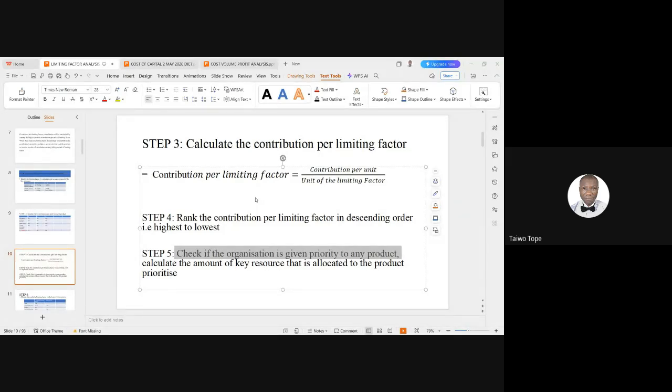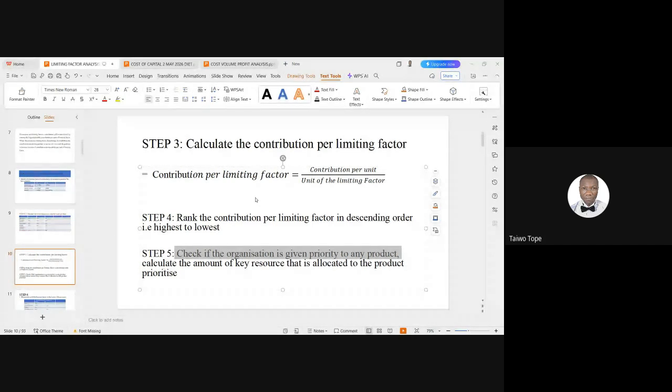Why? For continuous patronage, for you to keep the relationship with them. So your special customer will not want to hear that you cannot meet or satisfy his or her need. So they need you to always meet up with their need. So limitation of resources will not affect them because there is a question like that. Kikelomo Nigeria Limited, one of the questions in the Pathfinder that test our understanding of special order.